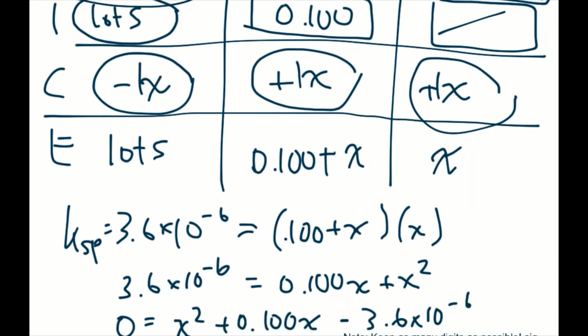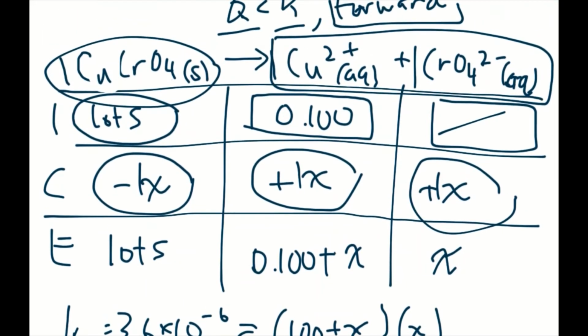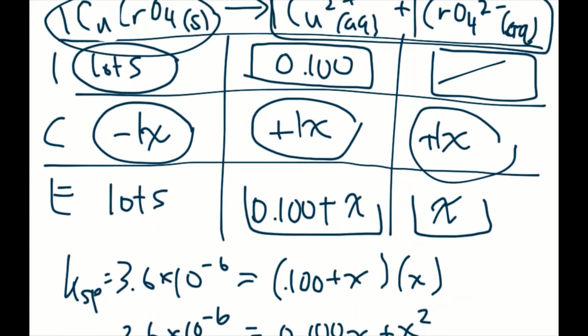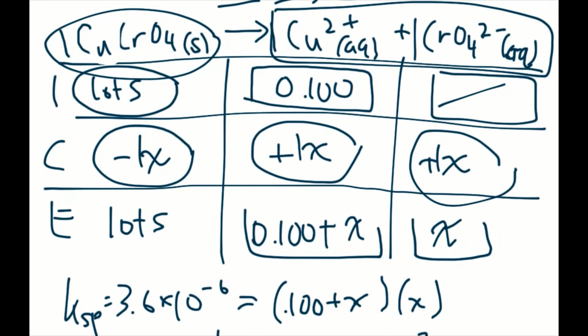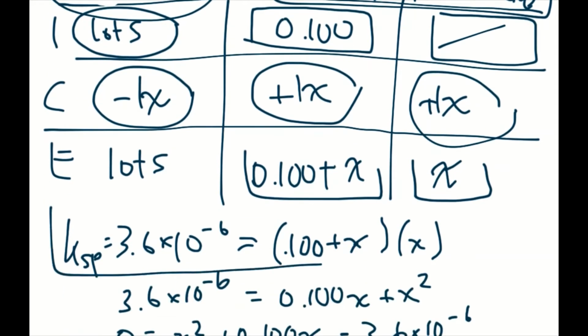Now doing the math, you get that the expression for the equilibrium concentration of copper(II) is going to be 0.1 plus x, and for chromate at equilibrium, the concentration is going to be x. So we have our equilibrium concentrations and we can plug them into the Ksp.